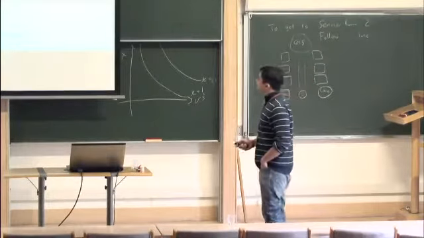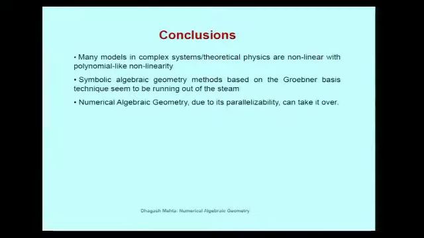So in short, symbolic methods we all know and we have been using extensively, the whole string phenomenology community. But I personally think that these methods are running out of steam. We have more and more complicated problems and we can't solve them using the existing methods.